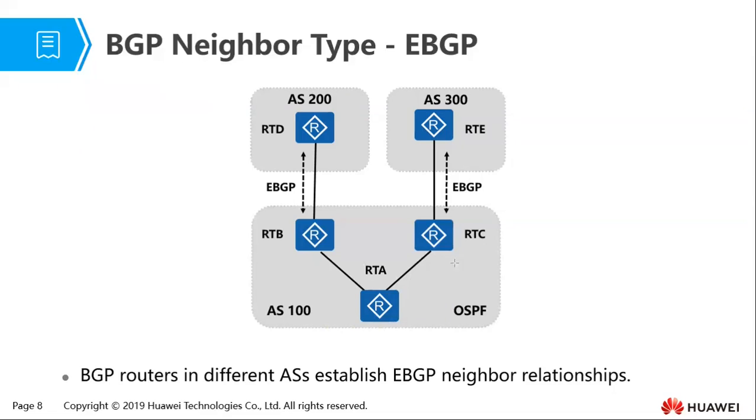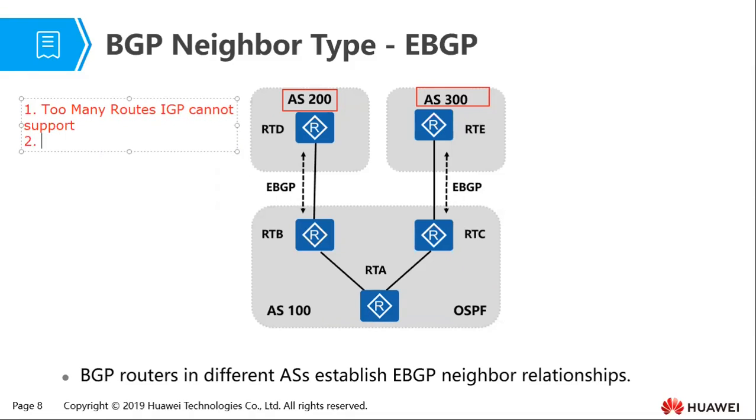That has a problem because autonomous systems most of the time have very many routes. And therefore, if you want to import all the routes from one autonomous system into the IGP, really the IGP cannot support all these routes. So that's problem number one: too many routes, and the IGP cannot support them.